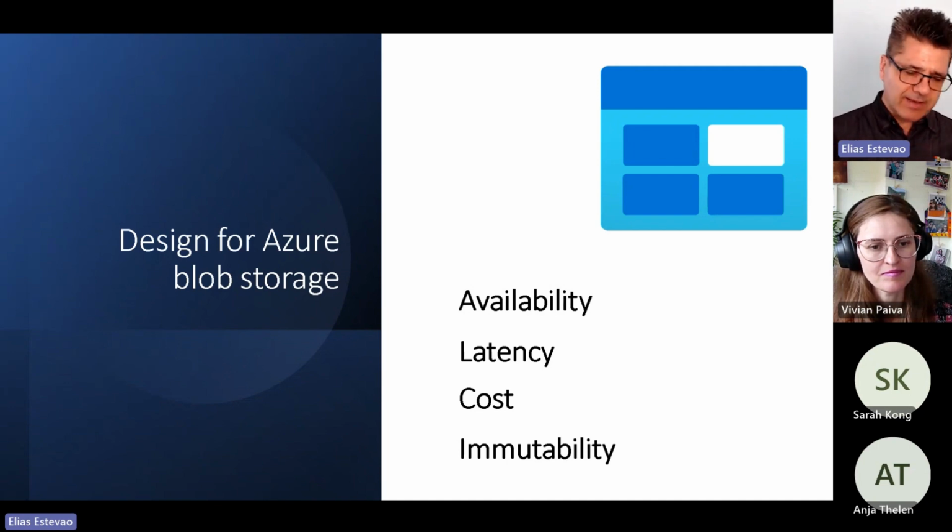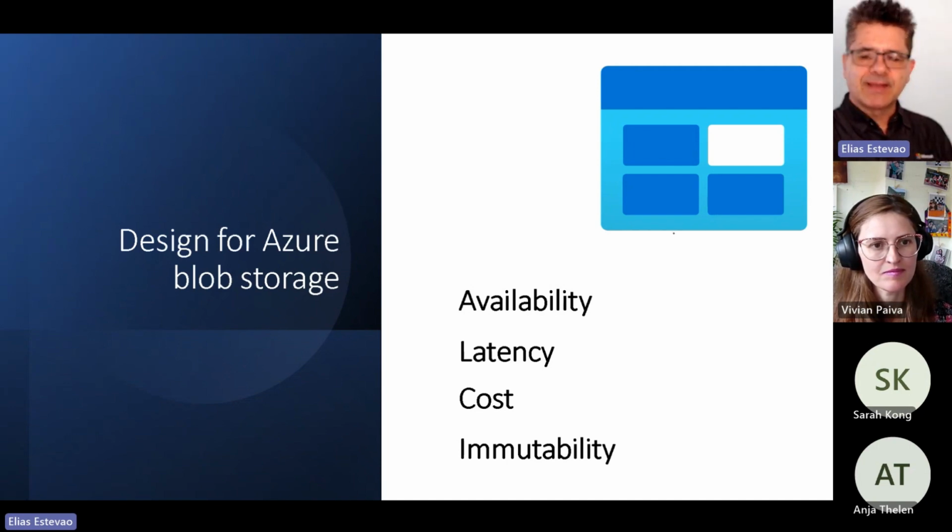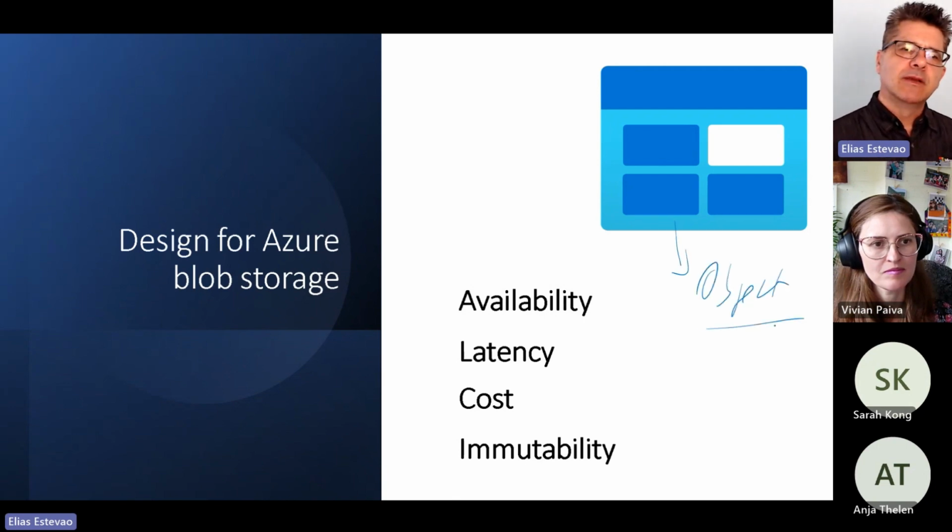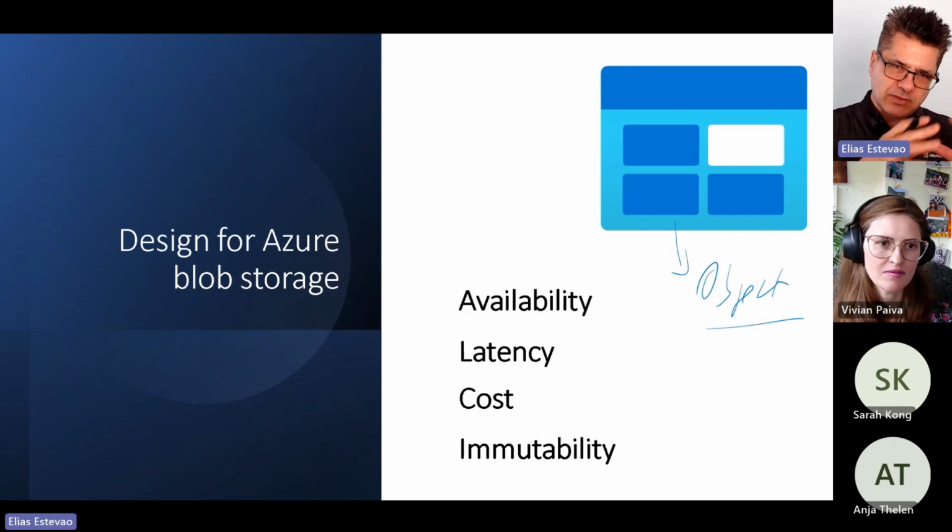Now, one of the things that I really like about the blob storage is the fact that now you can do object replication. That's right. So this is the best part about the blob storage, because now I can put blobs in my blob storage. And let's say, for example, I have this particular object in here, and I needed to replicate across a region that is not the region pair that usually you can do, like zone replication or geo replication is only on the region pair or within the zones.